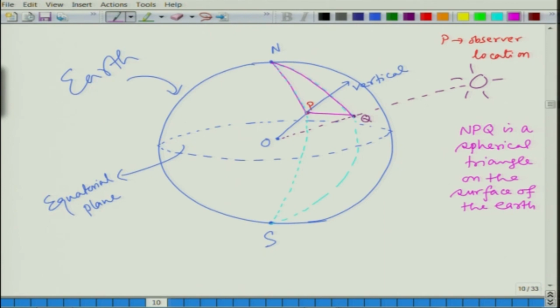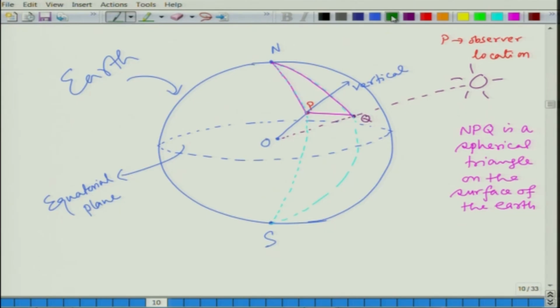Now, on this spherical triangle, we have to find out what will be the different angles. Do you know them? Do you recognize them? That is what our task will be. Okay. So, first thing that very easily we can recognize is one angle.